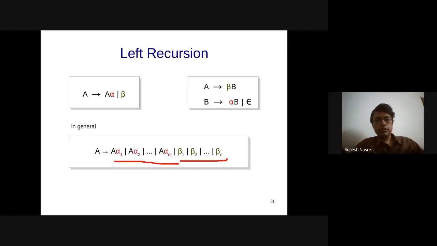Anyone? Is something not clear? Okay. Sindhu says beta 1 B, beta 2 B, beta 3 B. Okay.